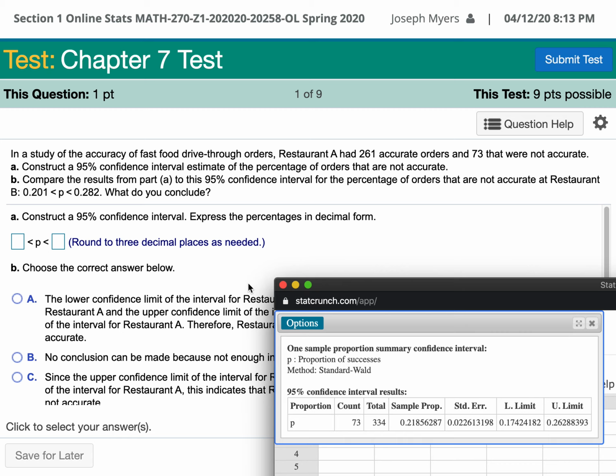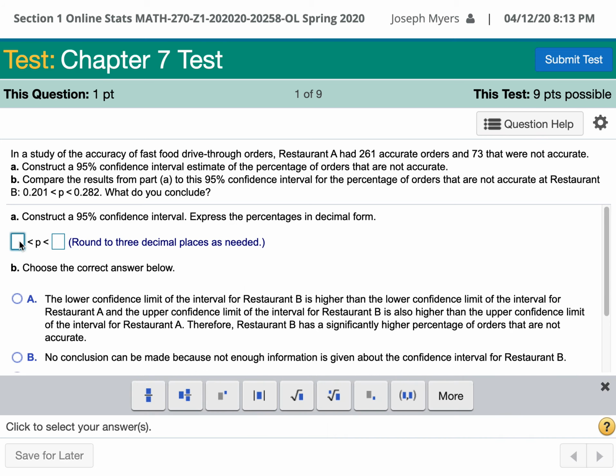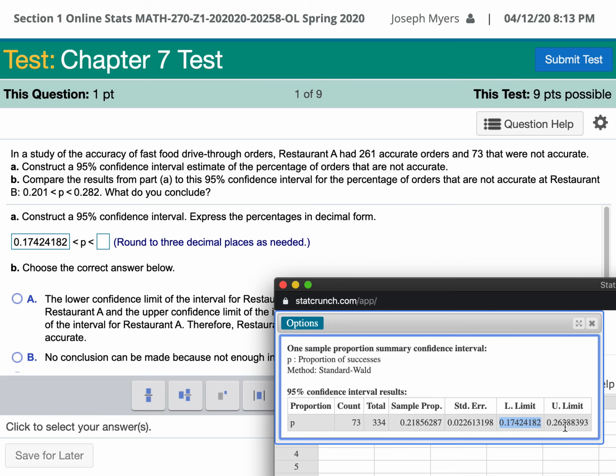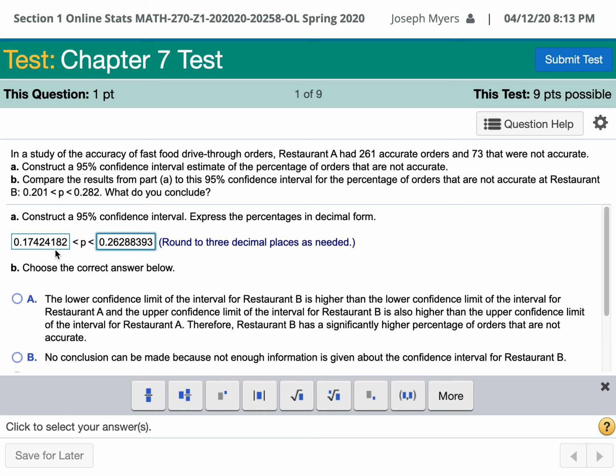So the confidence interval goes from a lower value to an upper value, and then round it off to 3 decimal places. So 0.174, and then 0.263.